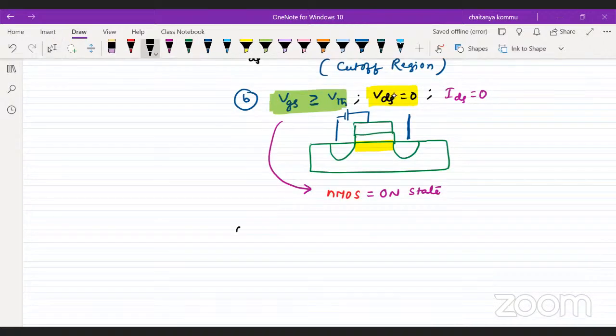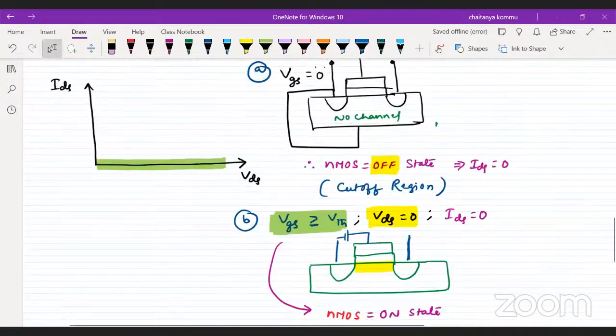Okay. Now the third case, let us consider, the transportation of the carriers. First of all, the transistor should be on. Therefore, we have to maintain that VGS is greater than or equal to VTH. There is no doubt at all. Now I'm going to vary the VDS value according to this diagram.